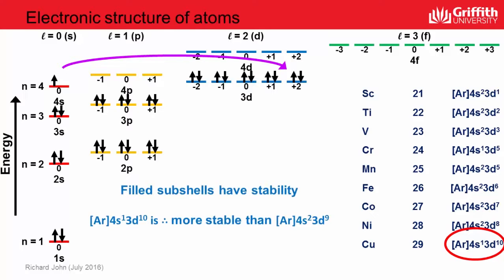Again, it turns out that filled subshells have an inherent stability about them, so the electron configuration of having an argon core 4s1, 3d10 is more stable than the argon core 4s2, 3d9, which would be the one that we would predict.